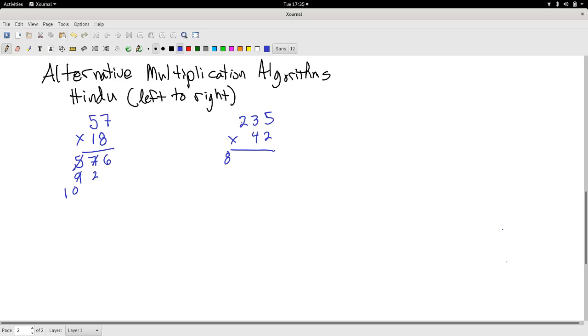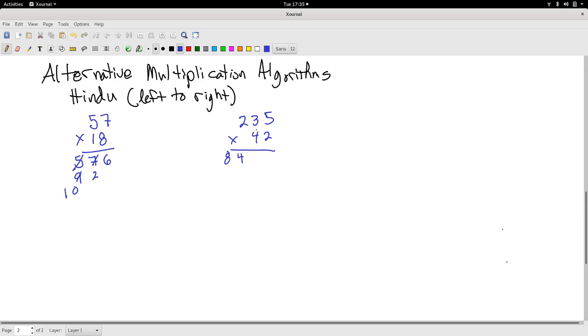So again, 200 times 40 is going to give us 8,000. And then we have 200 times 2, which is going to be 400, so we just put the 4 in the hundreds column. Done with the 2 at the top, the 200, we move on to the 30.